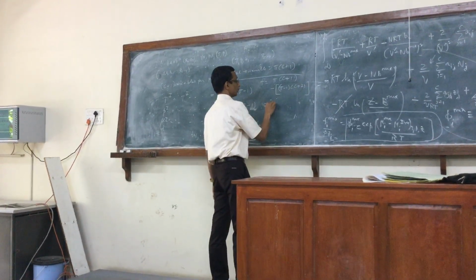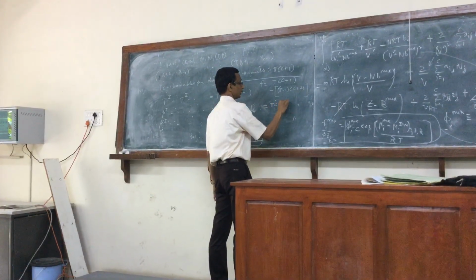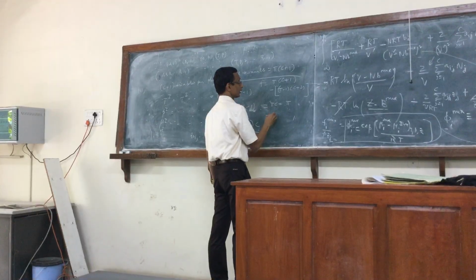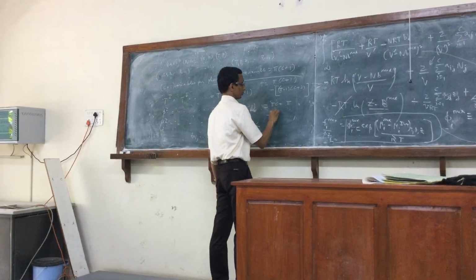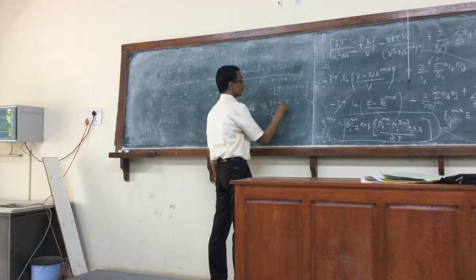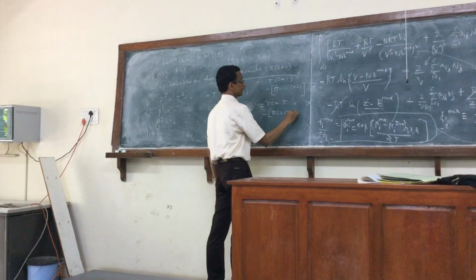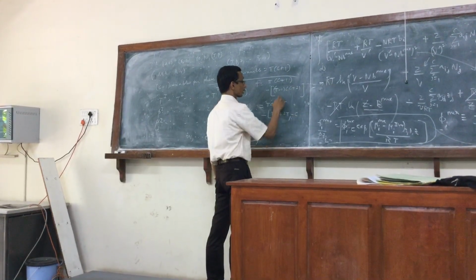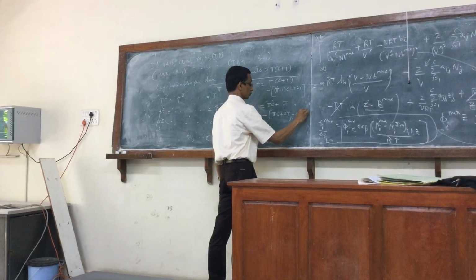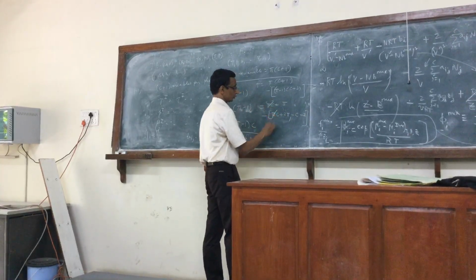So it would be pi C plus pi, and then I have minus pi C plus 2 pi minus C minus 2. So pi C and pi C would cancel.